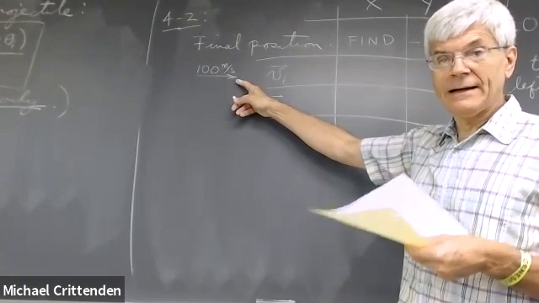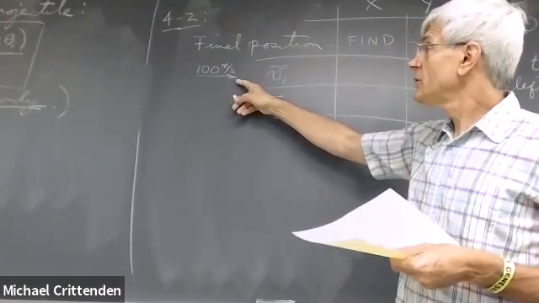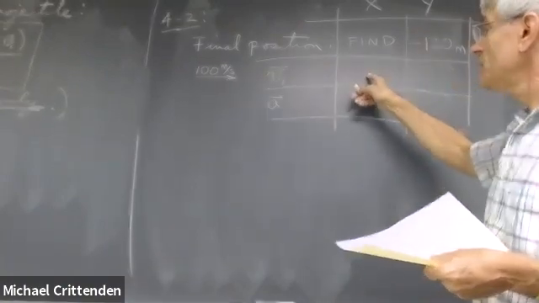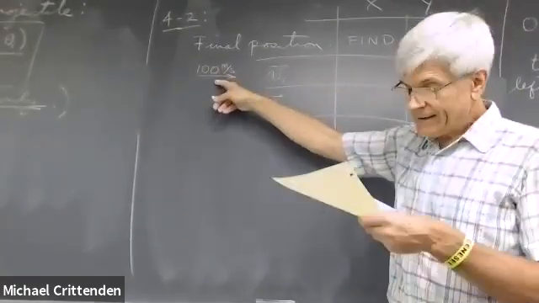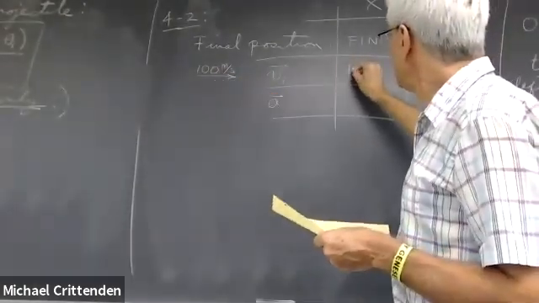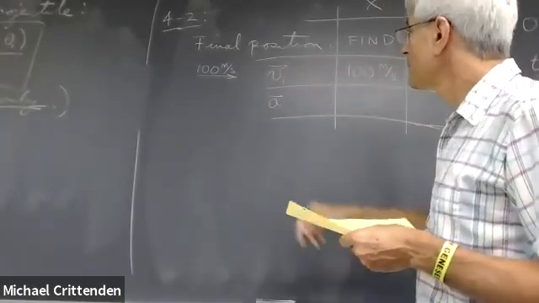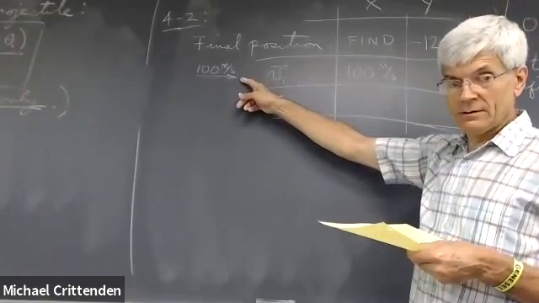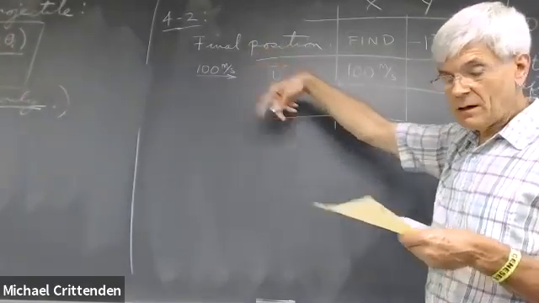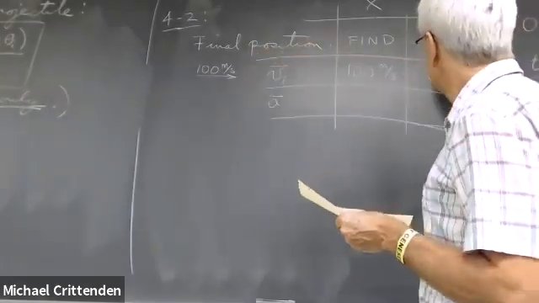Okay, it's right on the x-axis. So the x component of that would be 100 meters per second. The y component, well, it doesn't go up or down at all. That's 0.